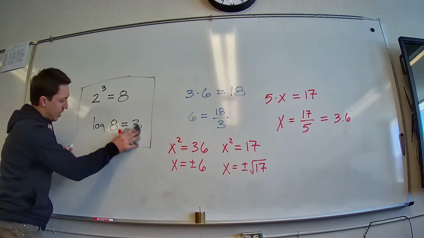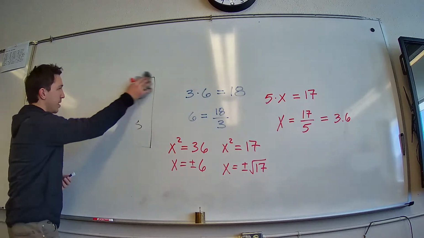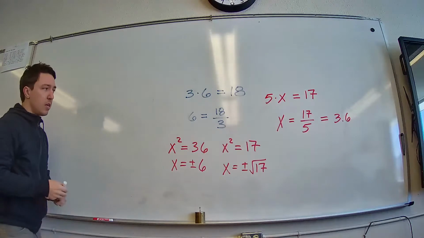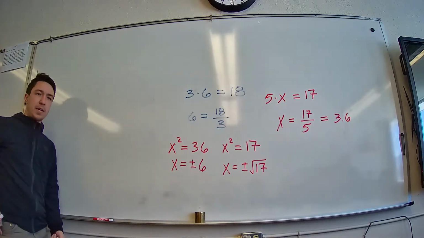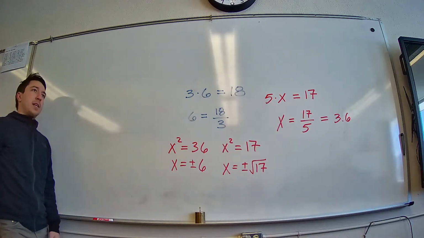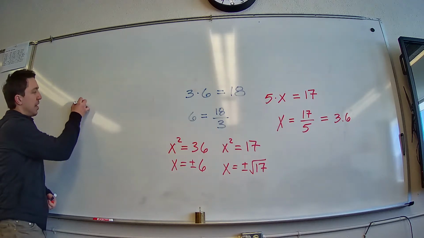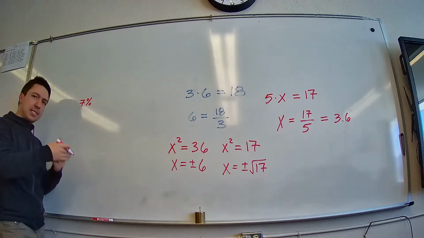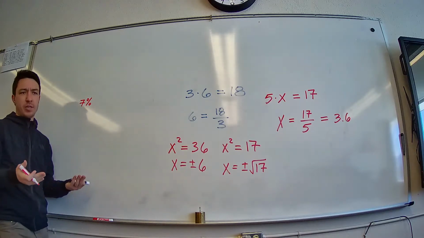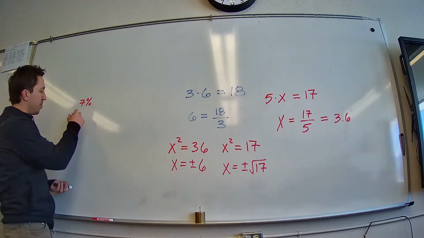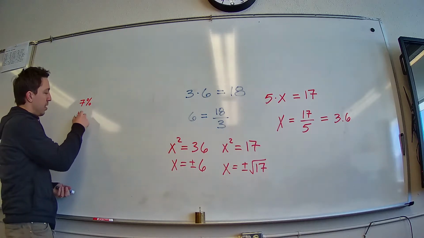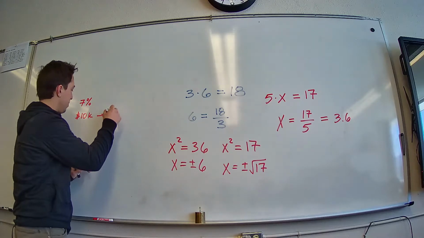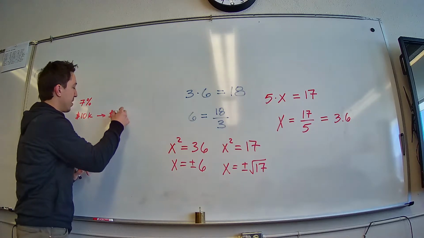If you want to know a nice application of this, I'll show you real quick. This is what we're going to cover later in our next little unit, but here's a very practical question. If you were getting 7% simple annual interest, how many years would it take to go from $10,000 to $50,000?